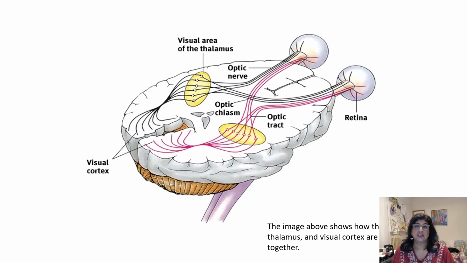What is interesting is a lot of people think of our vision system as separate from our brain, but the axons of our eyeballs actually form the optic nerve, which goes directly into our brain and is part of our brain system. That's why if our brain is being affected by something, we're going to see changes in our vision.